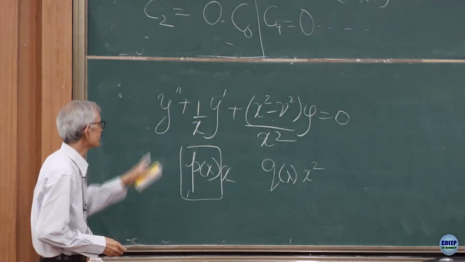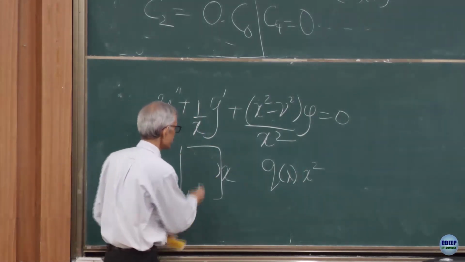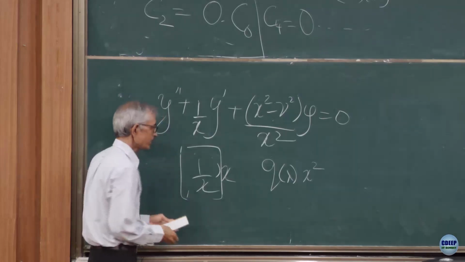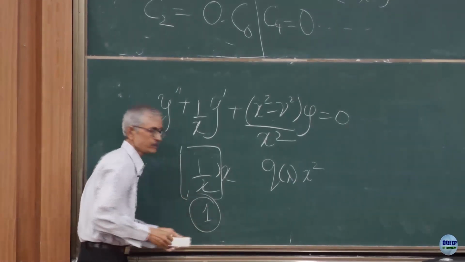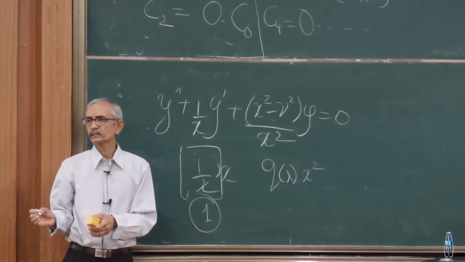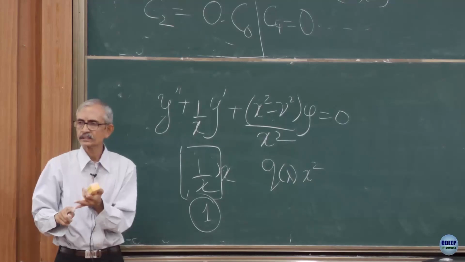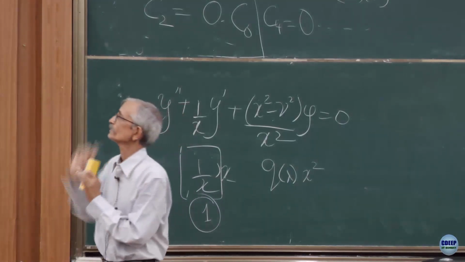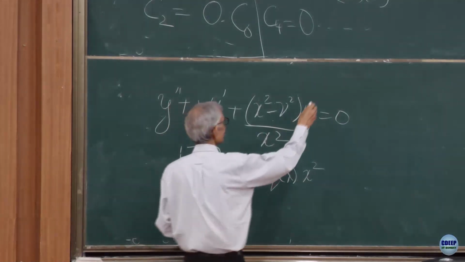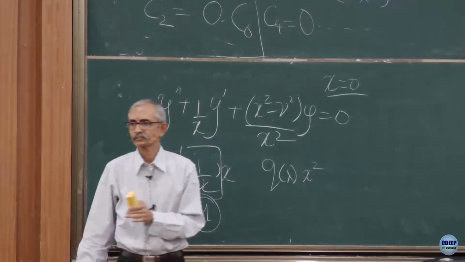So what happens to this here? p of x is 1 by x, and 1 by x times x is 1. Is 1 an analytic function? Yes, it exists, derivatives exist, and there is no issue at any point, and we are looking at the solution at x equal to 0.